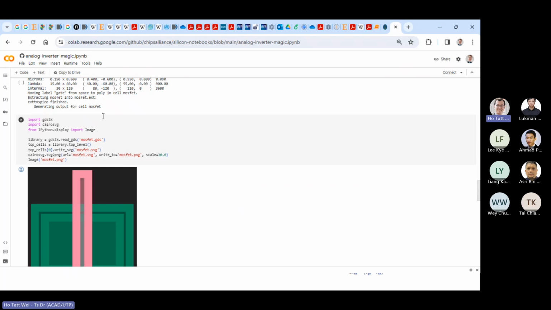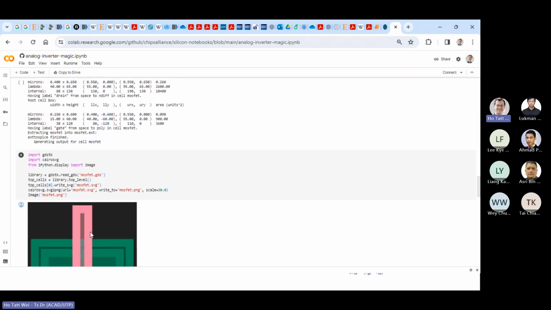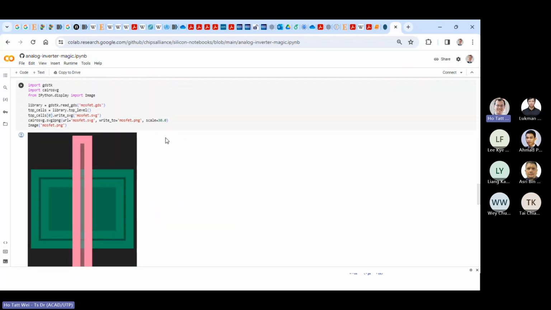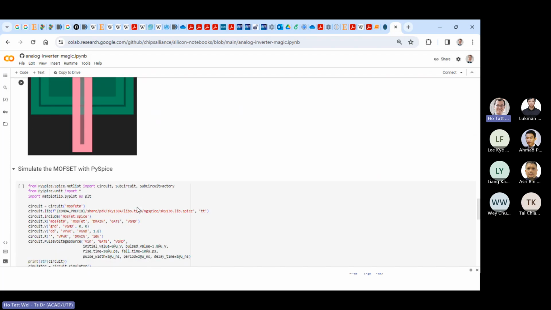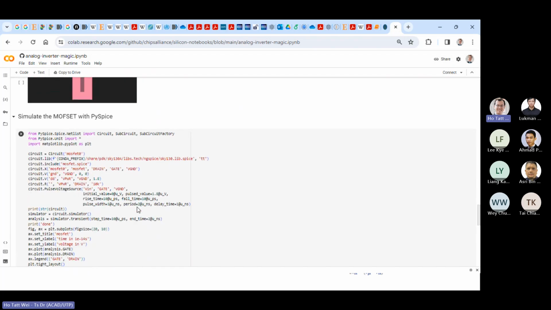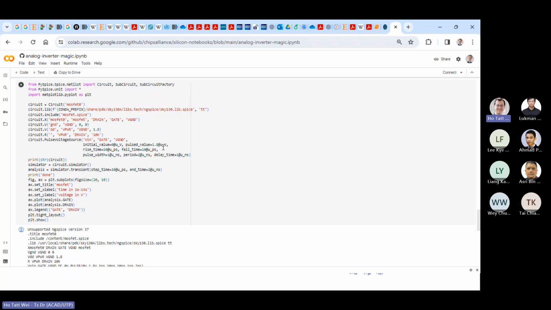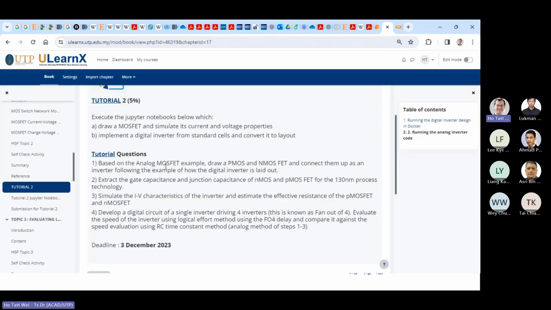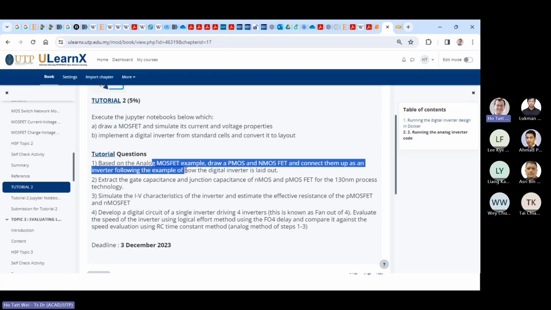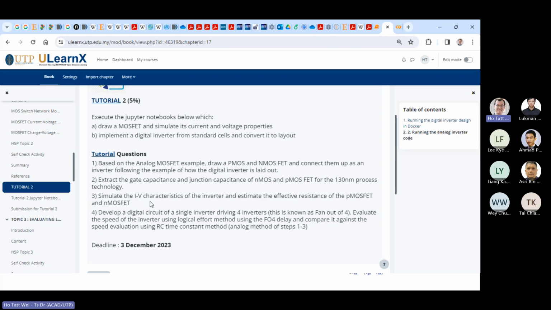I want you to create a P MOSFET together with the N MOSFET, and then I want you to connect up the gate and the drain and the source in such a way that it forms a simple inverter. And then I'm going to get you to simulate that inverter. Okay? That's what I'm asking you to do, right? So here, get that, and then simulate that inverter.